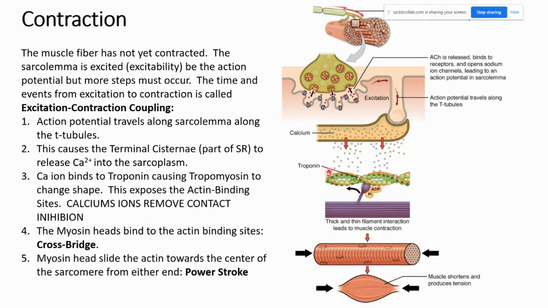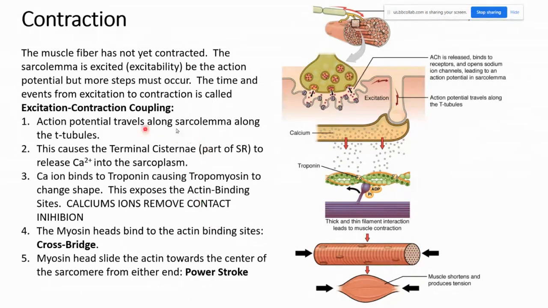So in order to move troponin and tropomyosin out of the way, calcium needs to bind to troponin. Calcium is stored in the sarcoplasmic reticulum until we want to contract our muscle. So when calcium is released, now all that blocking gets removed, and we can perform the cross bridge and the power stroke. So that's a big story right there.